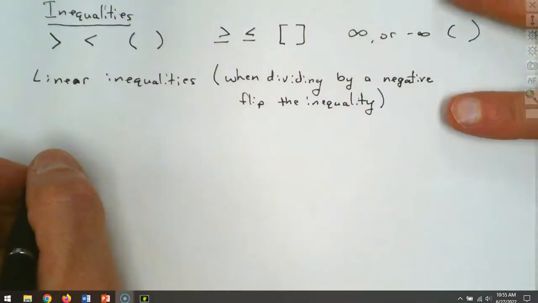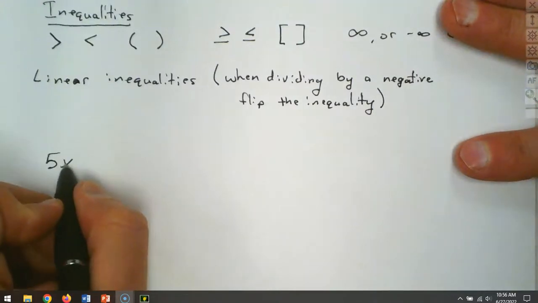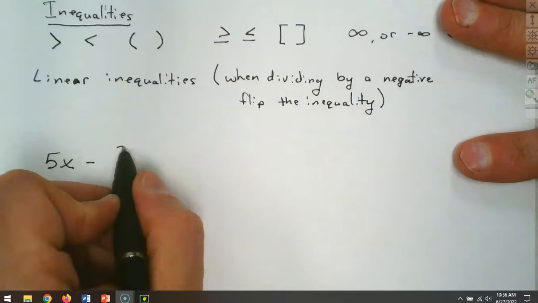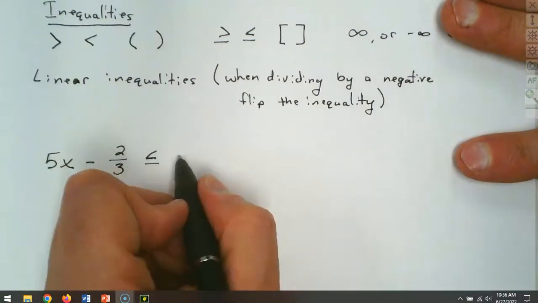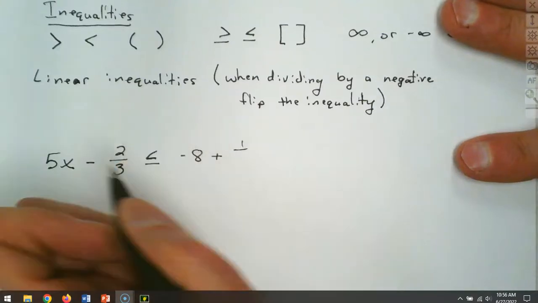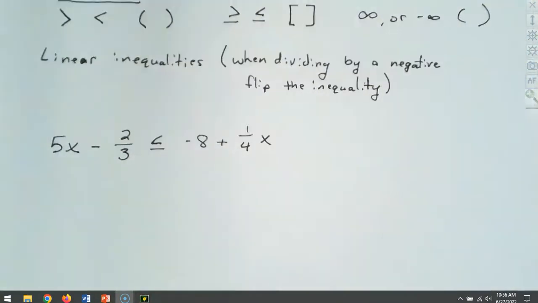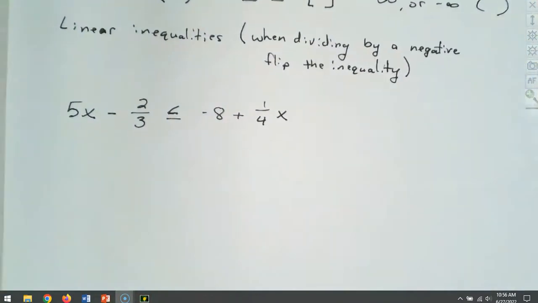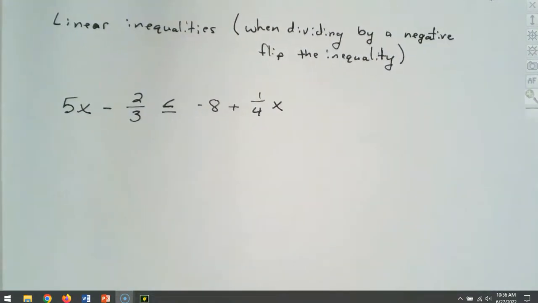And let's look at one of these that's linear. We'll just do one with fractions. That way it's not too easy. All right, so we want to solve this.